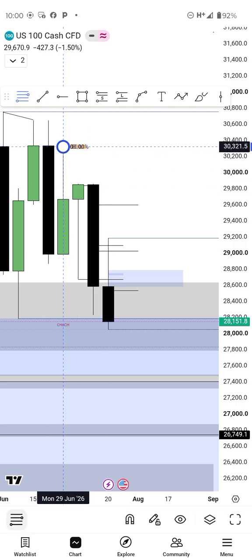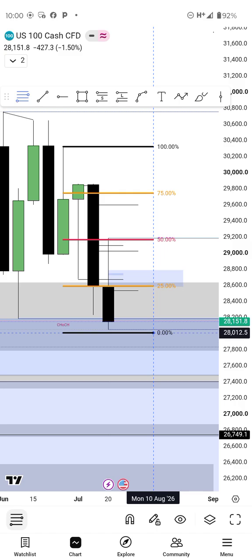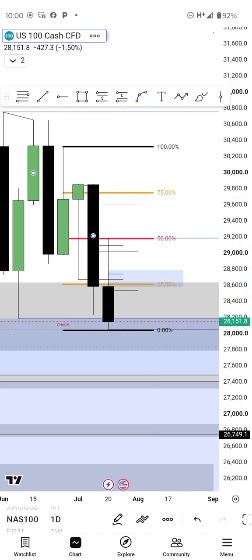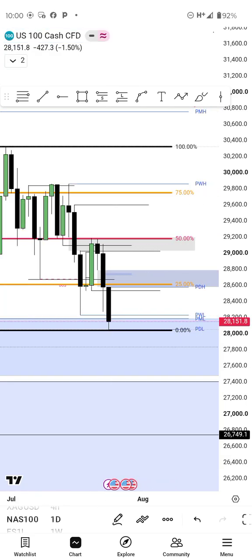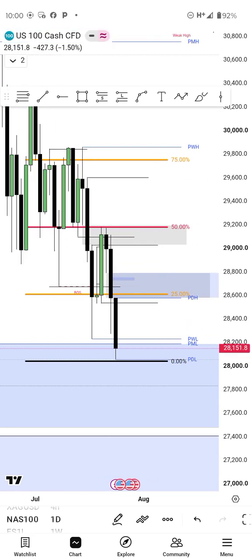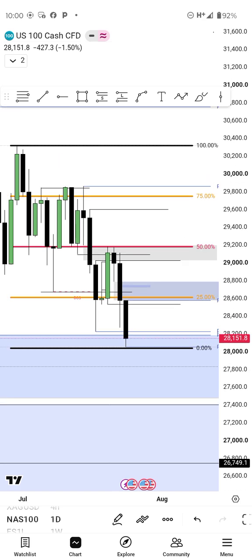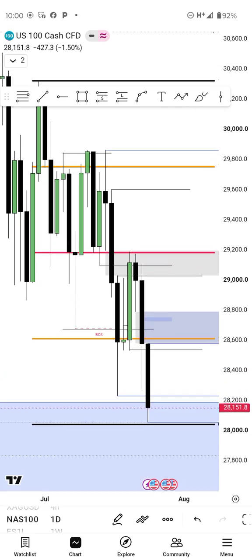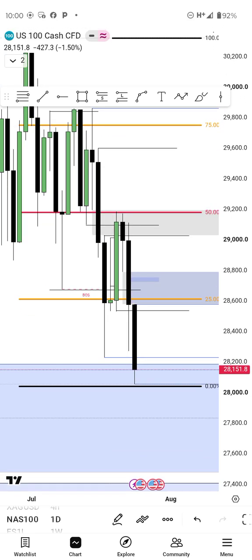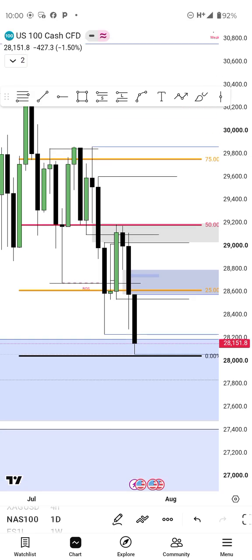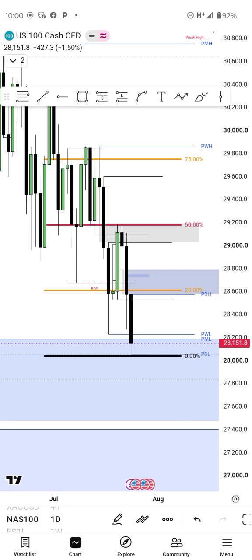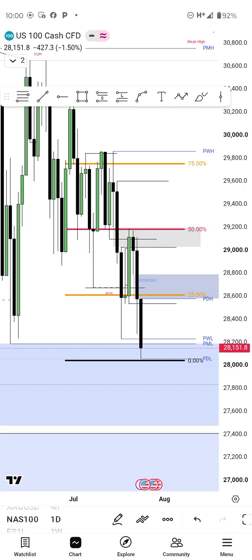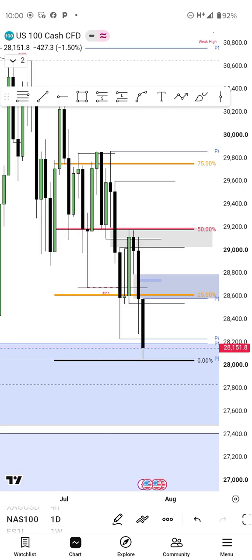So if we go from here to here, then we have from here to here. Now, if you want to use this right now, from here to here, at first the 50% of the range of the weekly range.